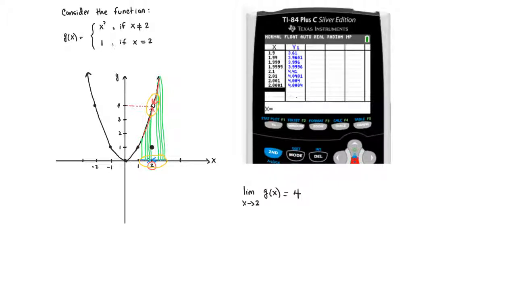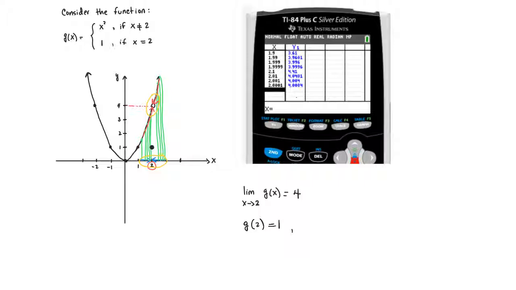And something that I really want you to see and to feel comfortable with is that even though we know that g of 2 is equal to 1, the y value is equal to 1 when x is equal to 2, great. But that doesn't mean that the limit at 2 has to be 1. The limit is all about what the y values around x equals 2 are approaching.